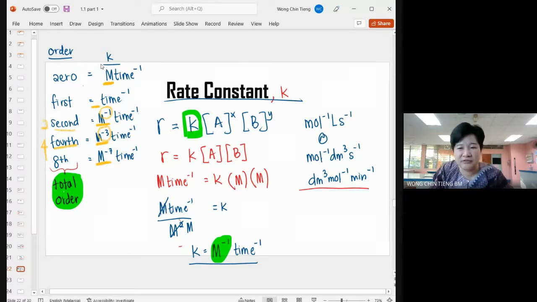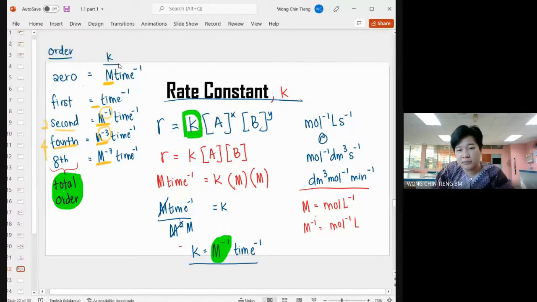So, how do we solve this problem? Benda macam ni, buat daripada benda logik. Tulis dulu M yang standard adalah macam mana. Conteng benda ni, kamu conteng benda ni tak sampai 10 saat pun dalam exam. Lepas tu buat balik. Kalau M negatif 1, dia akan jadi mol negatif 1 liter. Macam mana negatif 1 tu nak work out?